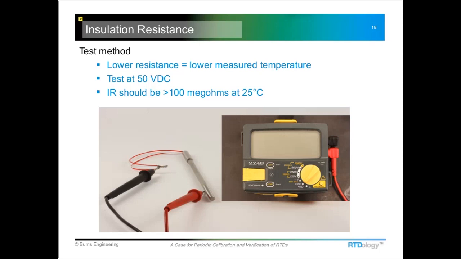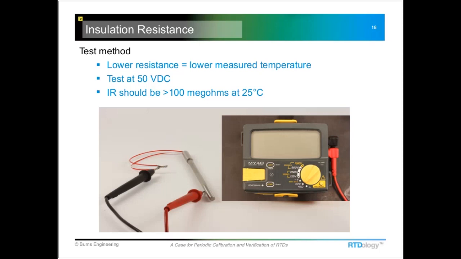At room temperature, you should see about 100 megohms. A lot of manufacturers will test up to 500 megohms, and they may even use a higher voltage. The reason for that is that as the temperature increases, the ability of the insulating materials to do their job decreases.